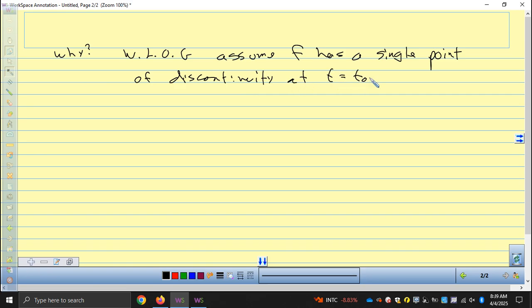If we have more than one point of discontinuity, then when we apply our Laplace transform, we just have more integrals that we have to add together.